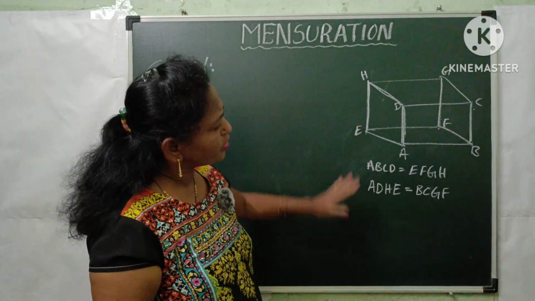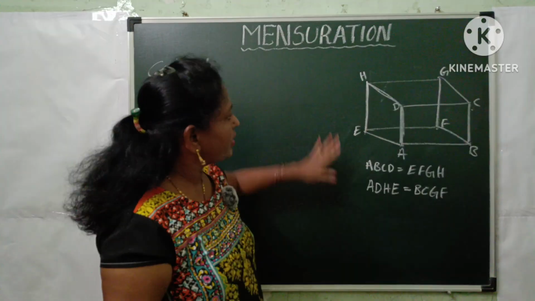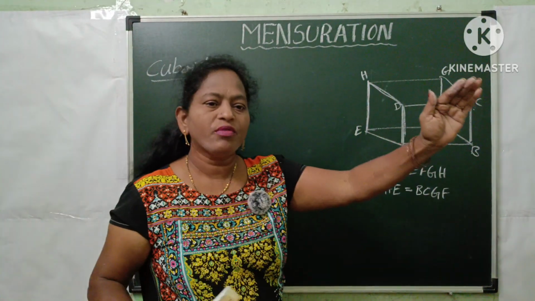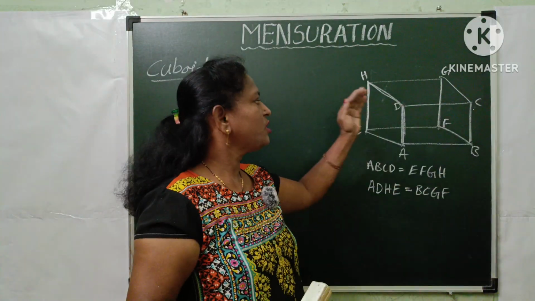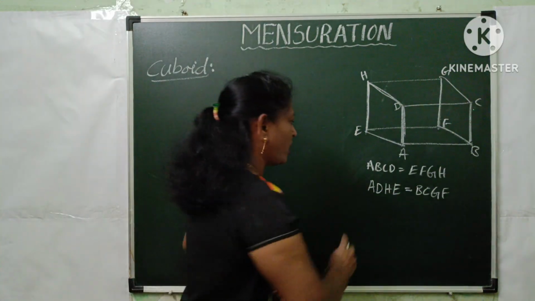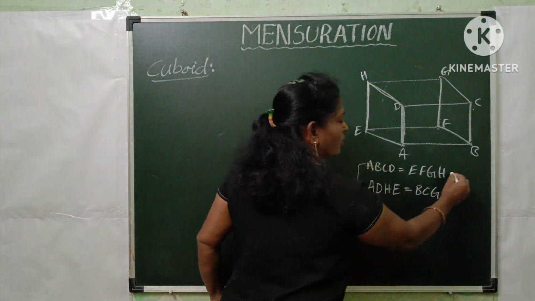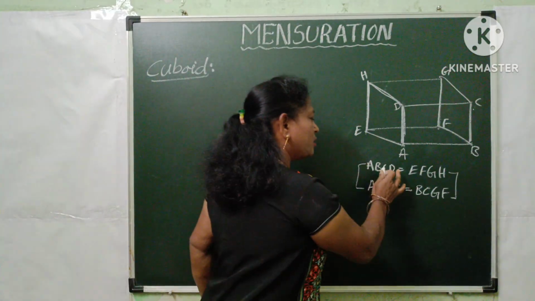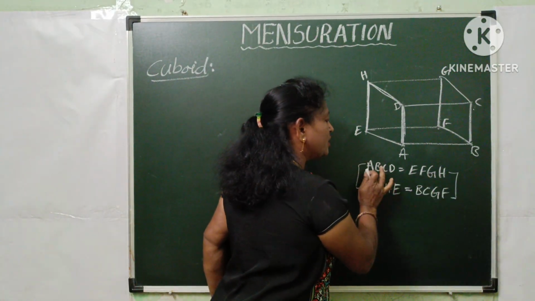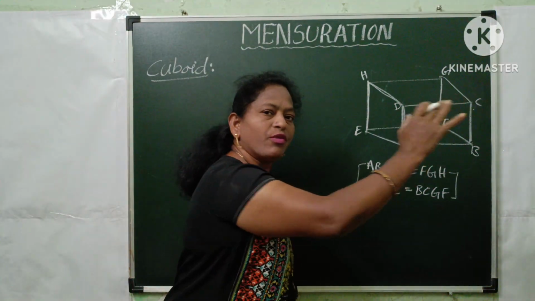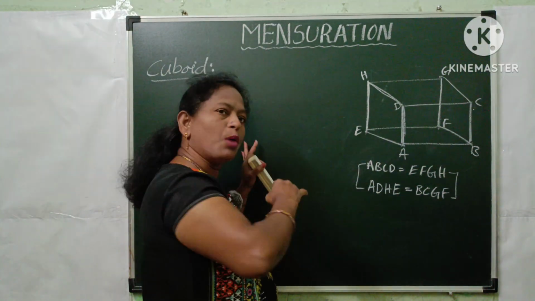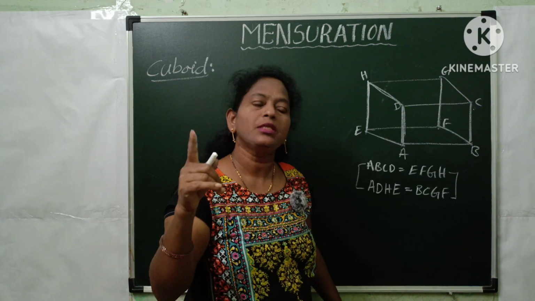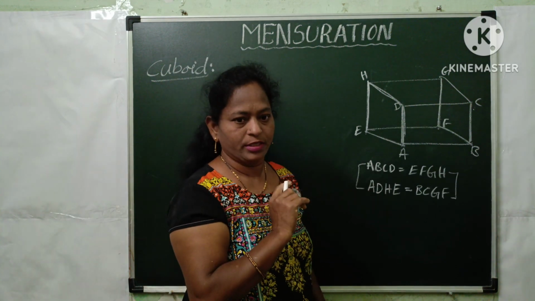Why am I saying that opposite sides are equal in the rectangle? Suppose the board also, opposite sides are equal. If you find the area of one wall, the opposite wall also has the same area. So these are the 4 walls; this opposite wall is this, and this opposite wall is that. So lateral surface area means the area of the 4 walls.